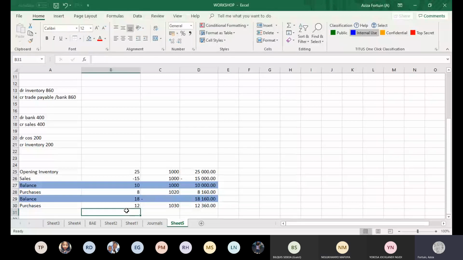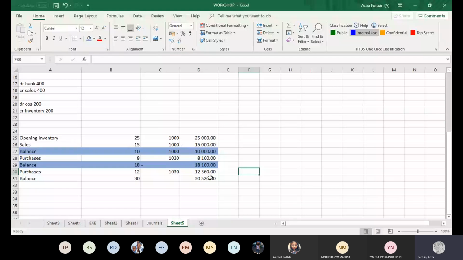Okay. So now what is my balance now? That's 30,520. This is quite simple, eh?